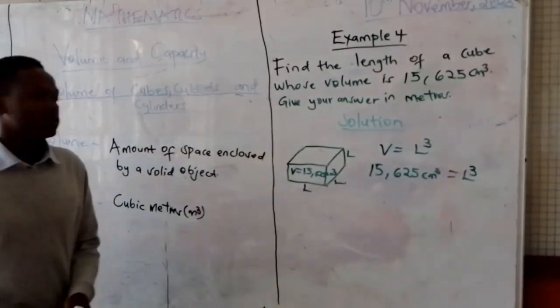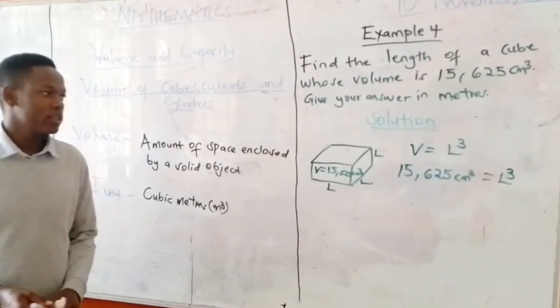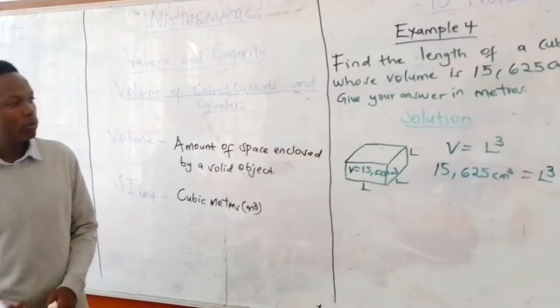So for us to remain with L, we should find the cube root on both sides.